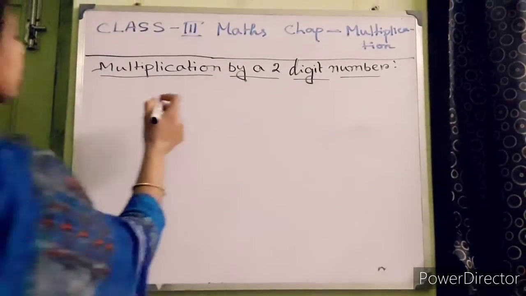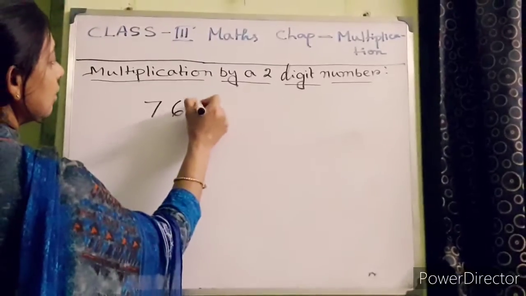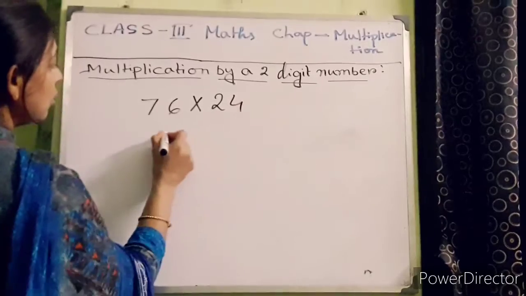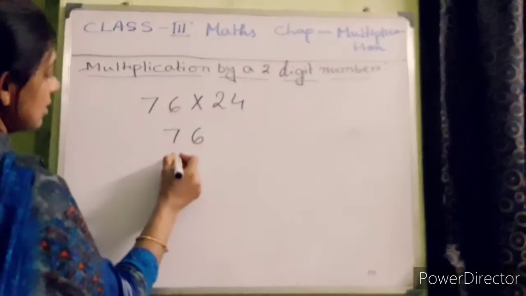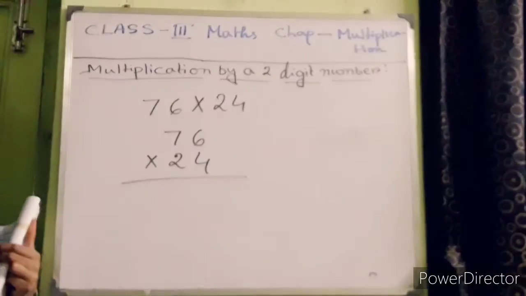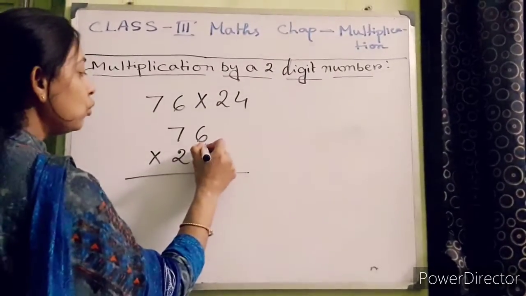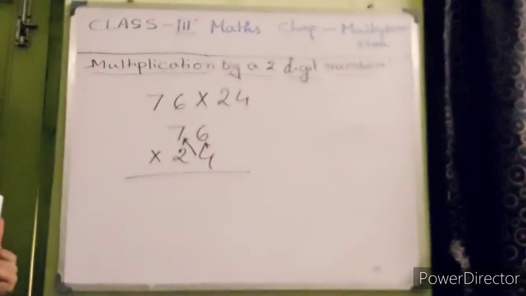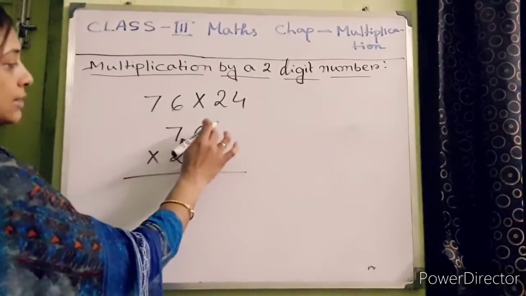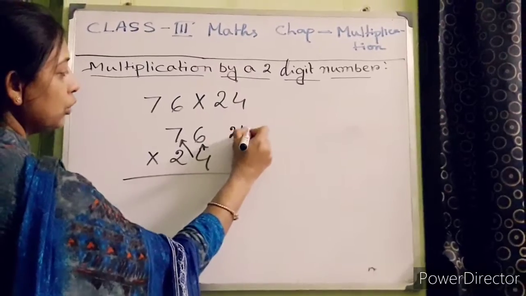Another process is 76 multiplied by 24. So you can write it in this way, 76 into 24. First you have to multiply 4 with 6, then 4 with 7. So 4 into 6, 24, you write here 24.